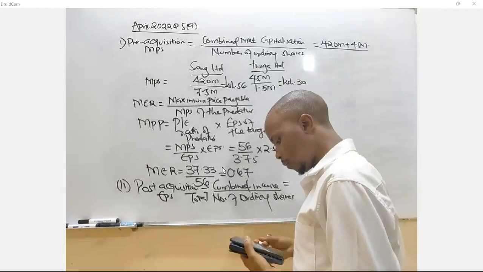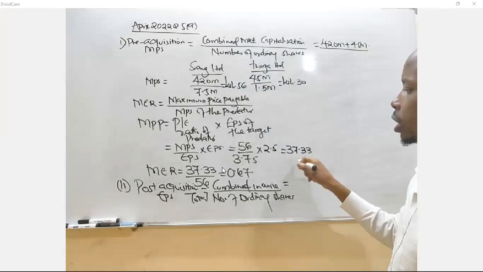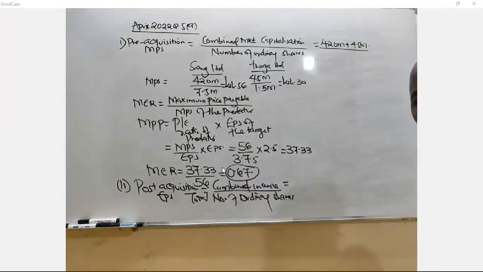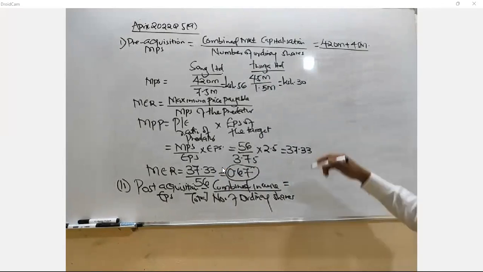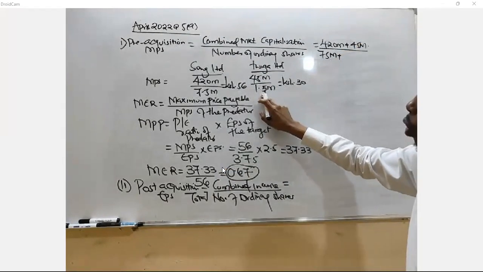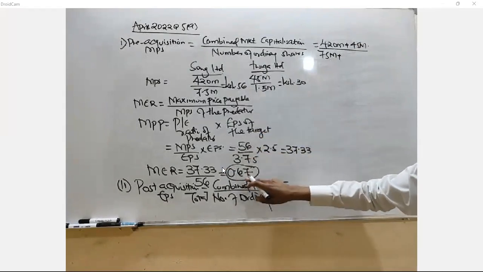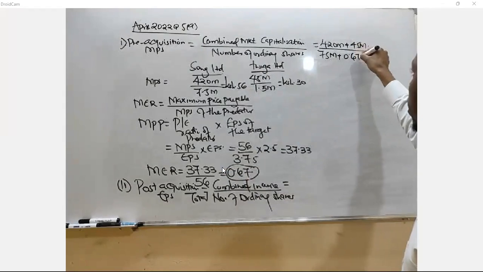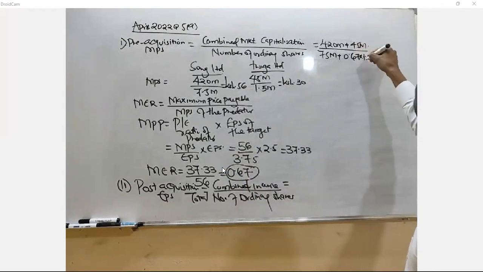In this case, we take our maximum exit ratio to convert the shares of the target. So the shares of the predator, which is 7.5, plus the 1.5 for the target converted using the maximum exit ratio, 0.67 multiplied by 1.5.